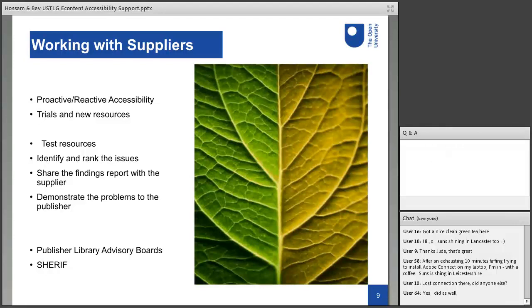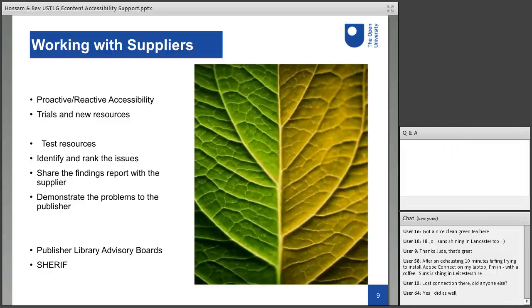And what we do when we test is we look at the basic search, we look at the advanced search, and we look, as Hossam said, at being able to change the colours, the size of things, and use a screen reader. Now, what's really nice with NVDA, the free screen reader, is that people are starting to pick up on it more.